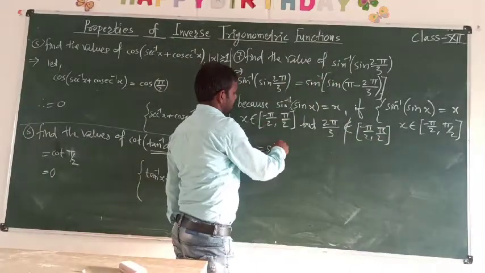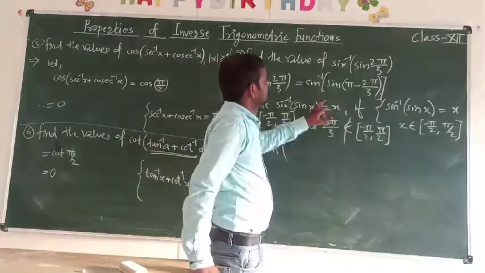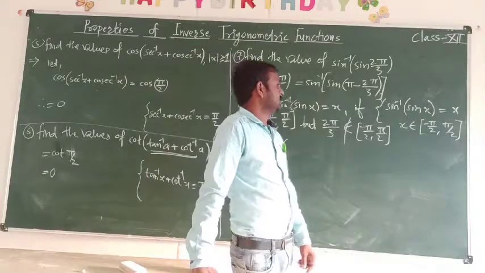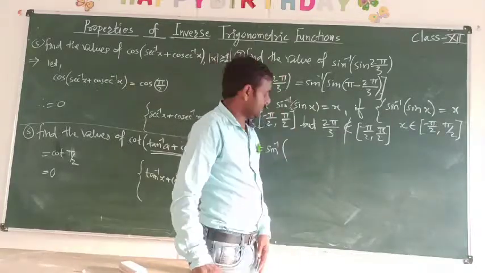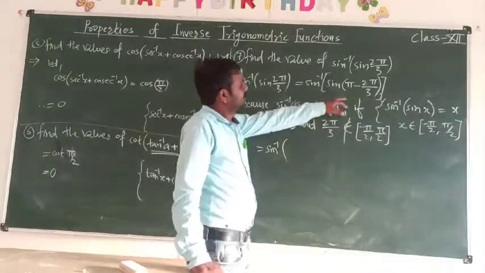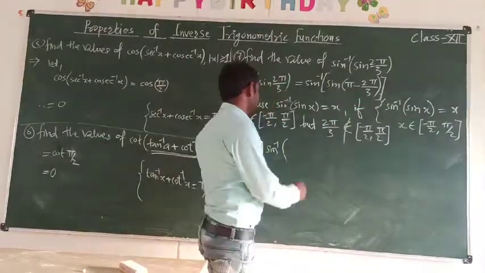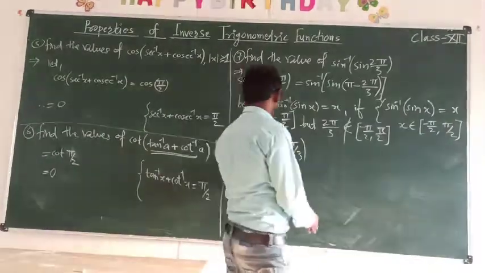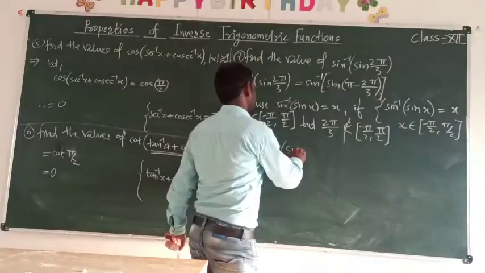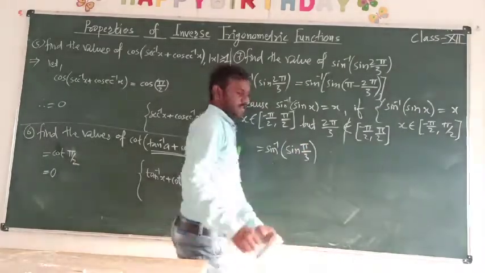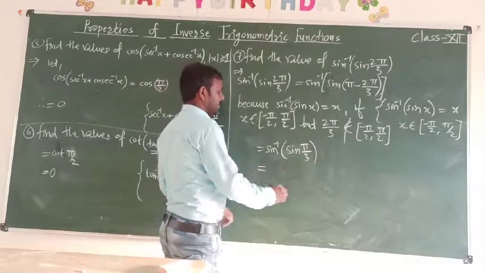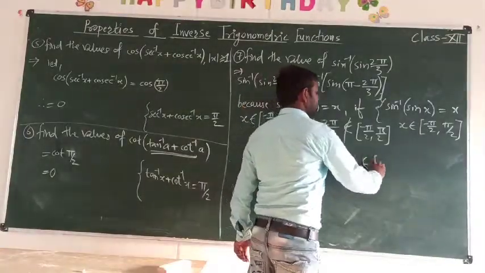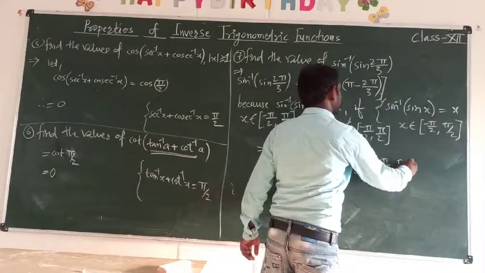Therefore we get sine inverse of sine of pi minus 2 pi by 3, which gives pi by 3. Now here pi by 3 belongs to minus pi by 2 to plus pi by 2.